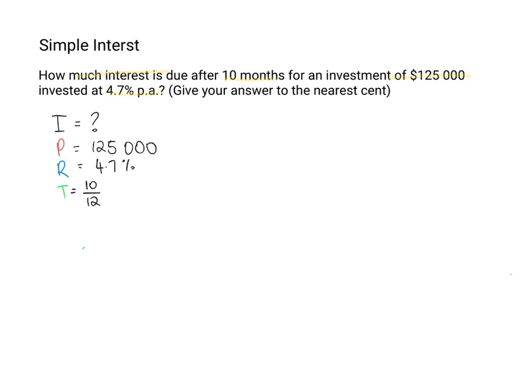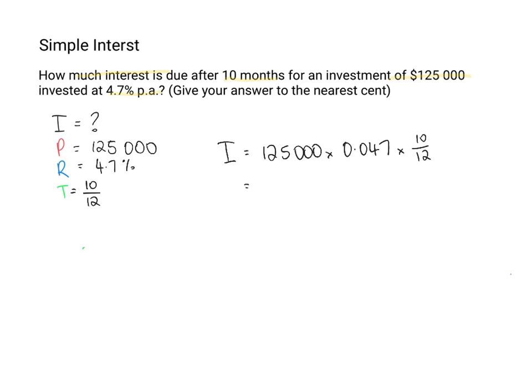So putting that into the formula, we're going to have interest equals P times R times T. So we're going to have 120,000 multiplied by 0.047 as a decimal times your 10 over 12.